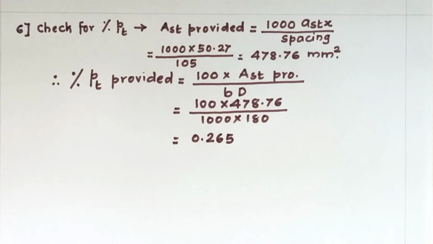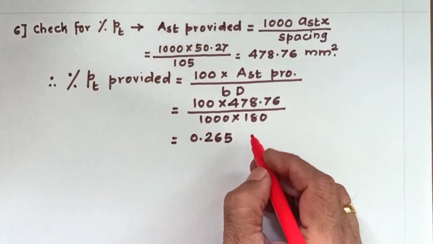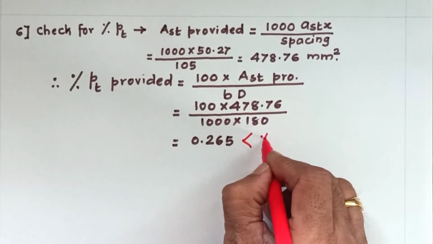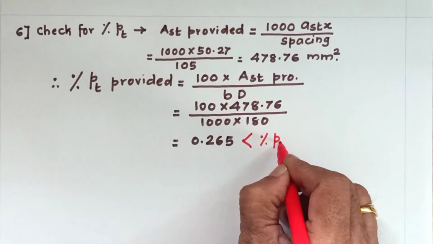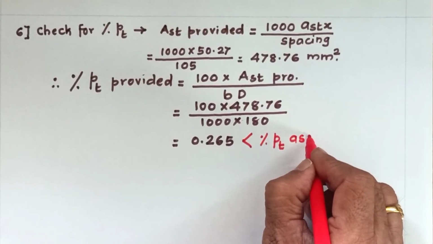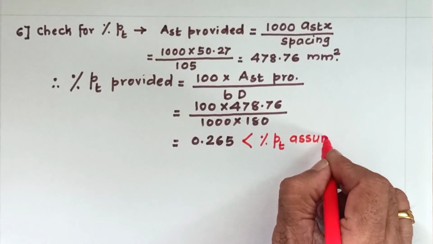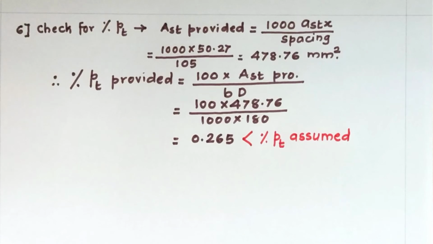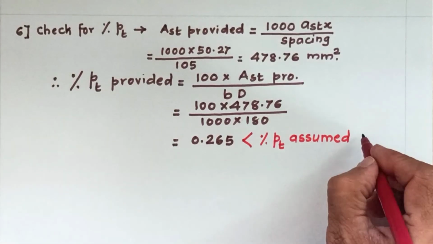Now if you see carefully, this is less than percentage PT assumed. What did we assume for percentage PT? Percentage PT assumed was 0.35. Okay, this is less than that, and therefore this is okay.